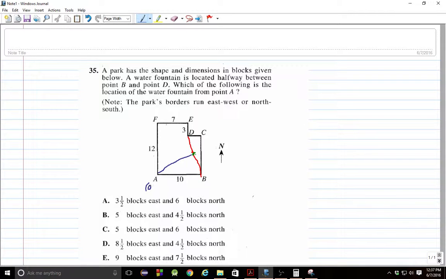It's the origin. B over here can be considered 10, 0.